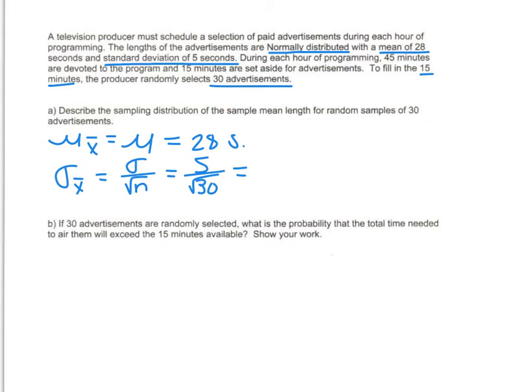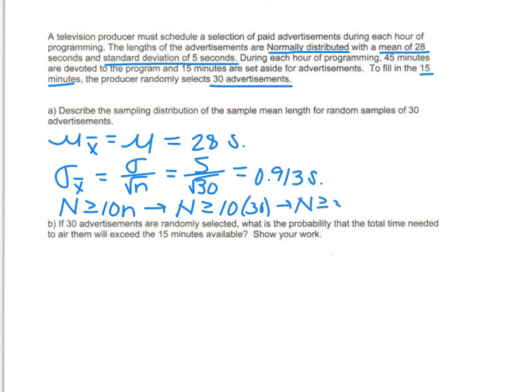So 5 divided by the square root of 30 is 0.913 seconds. And this, of course, is dependent upon the population of ads being greater than 300, which seems reasonable. And the shape of this distribution should be approximately normal because the population is normal, okay?